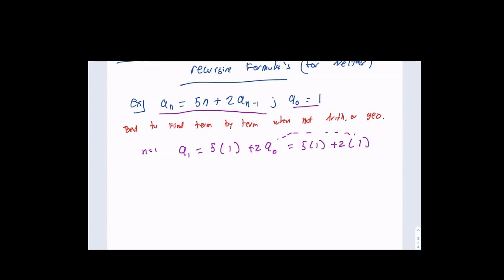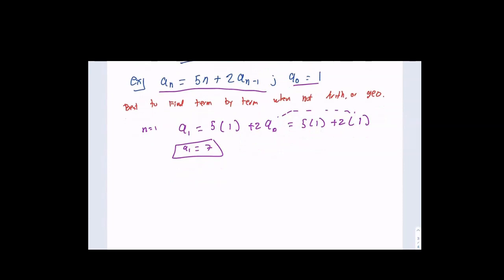Okay. So A sub 1 is equal to, let's do the math there. 5 times 1 plus 2 times 1 is 5 plus 2, which is 7. So there's my first term. Now I've got to find A2. N equals 2.